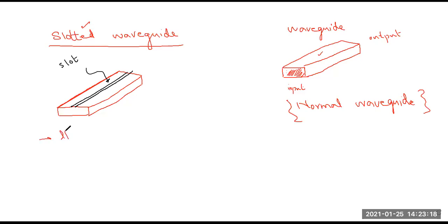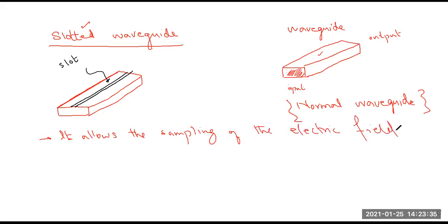So one of the uses of slotted waveguide is it allows the sampling of the electric field amplitude on a terminated line.